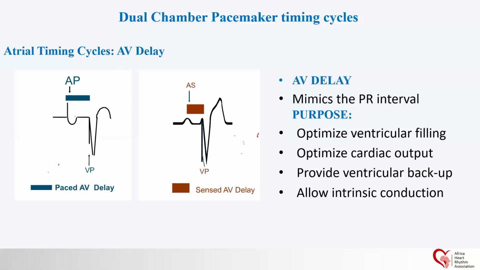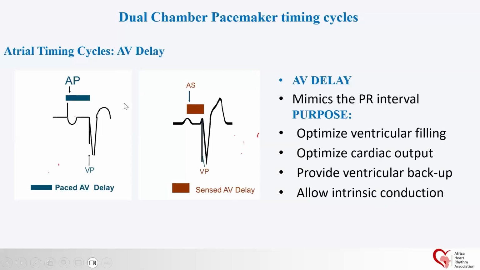So why do we have that? Because we need to mimic the PR interval. That means we need to mimic the normal, physiological activity of the heart. We have this AV delay to optimize ventricle filling, to optimize cardiac output, to provide ventricle backup, and to allow intrinsic conduction.